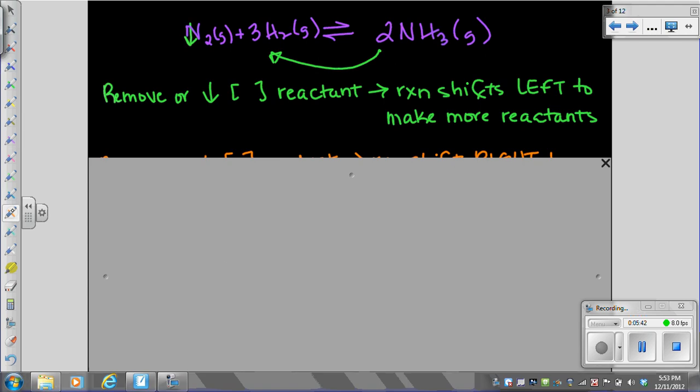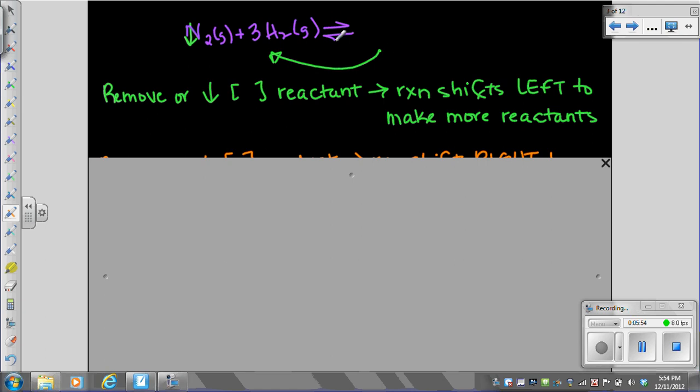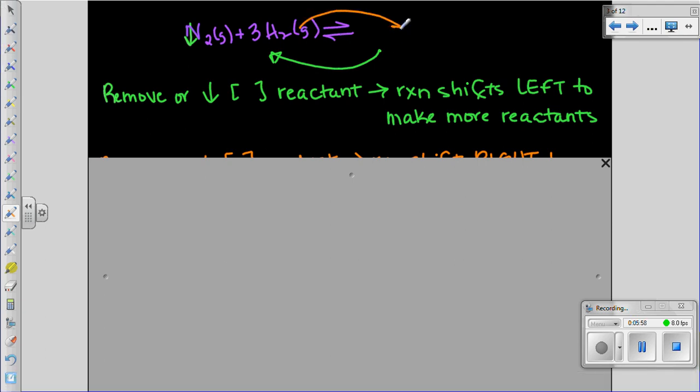Okay, so this time we're either going to decrease the concentration of our ammonia, or we're just going to remove it. When that happens, that stresses the equilibrium again. The reaction wants to shift right to make more.